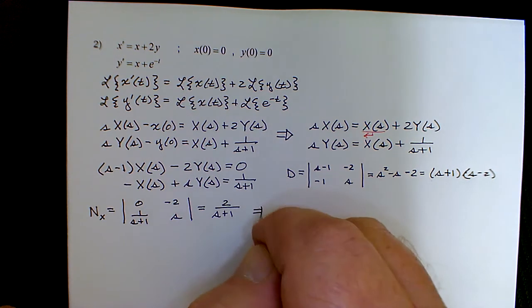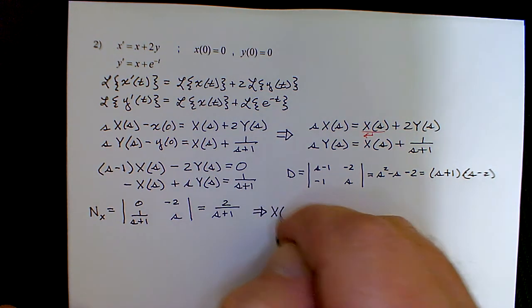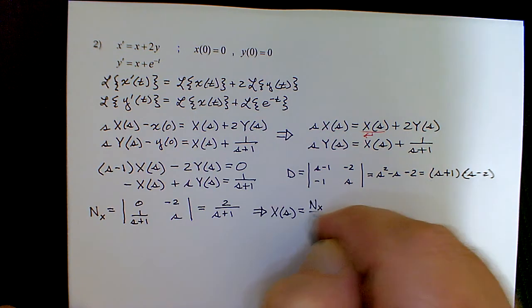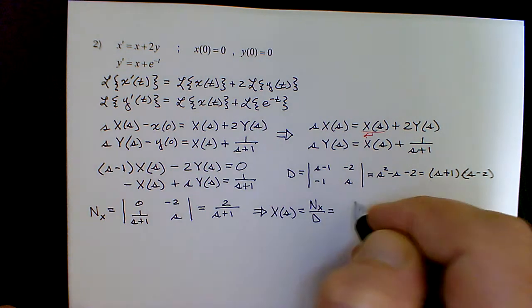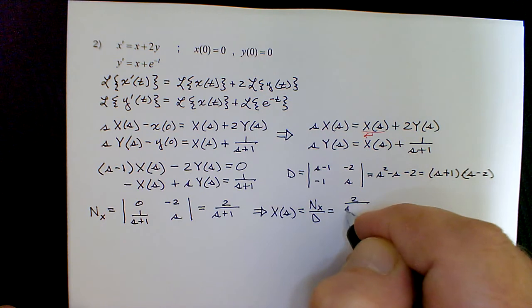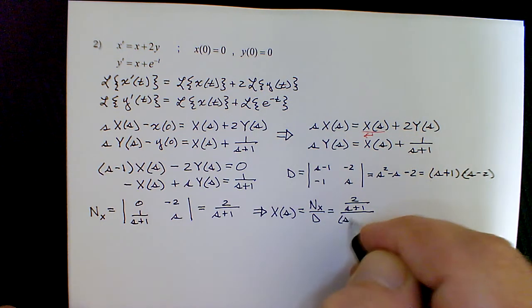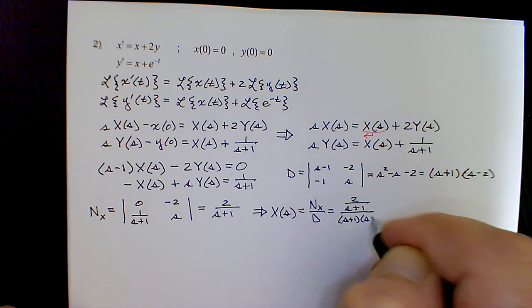So now we could say that X of s, okay, it's the numerator of x divided by the denominator, so 2 over s plus 1 divided by s plus 1 times s minus 2.